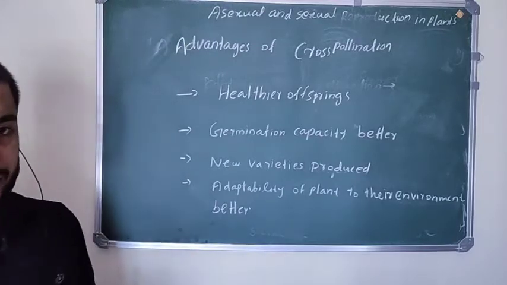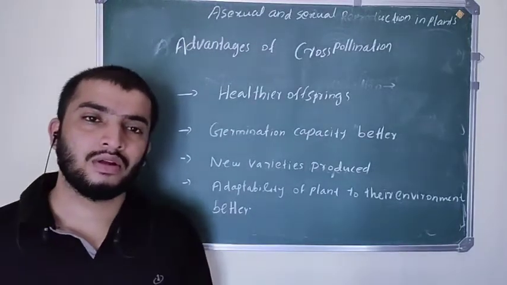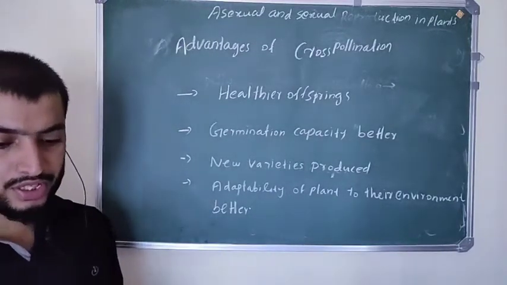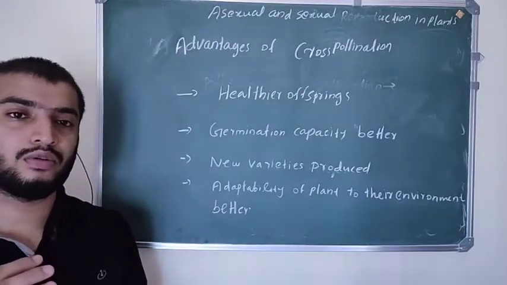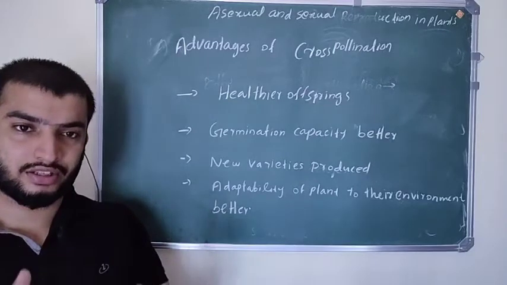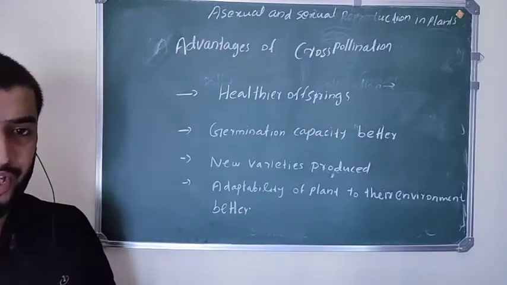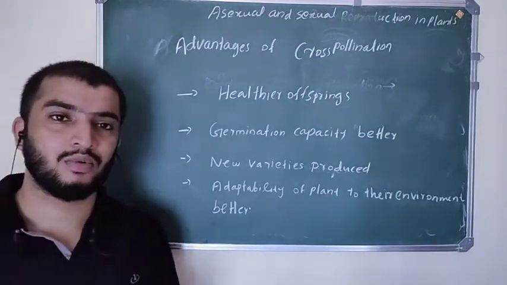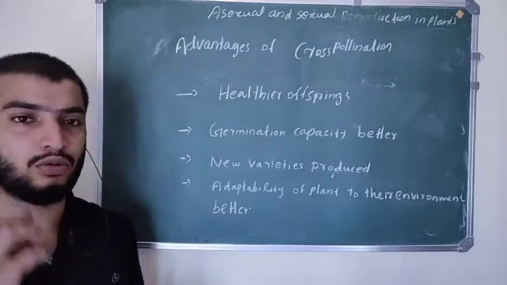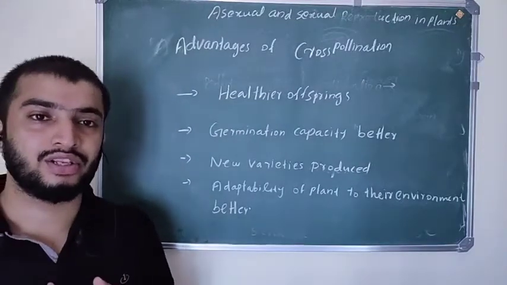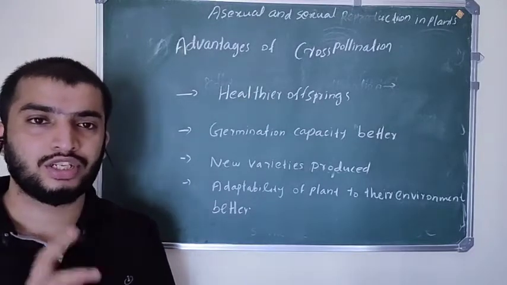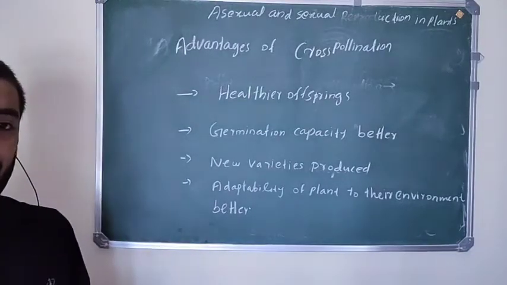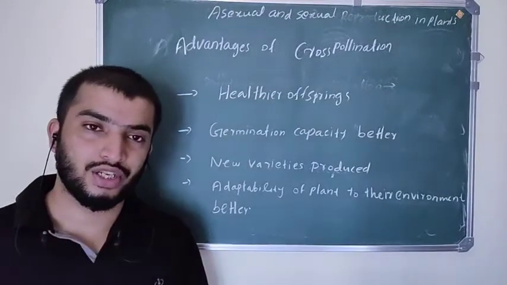Then another one: various devices, mechanisms or adaptations should be present in cross pollinated plants to attract the pollinating agents, then only cross pollination is possible. So these are the two disadvantages of cross pollination.